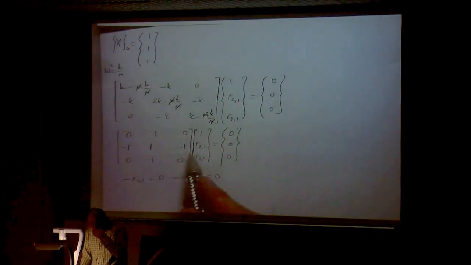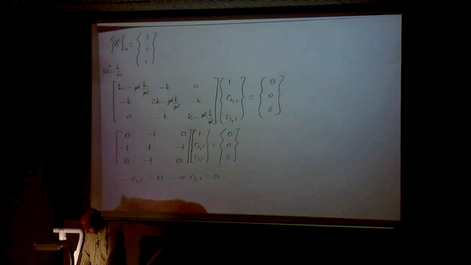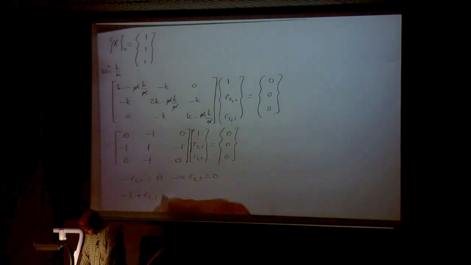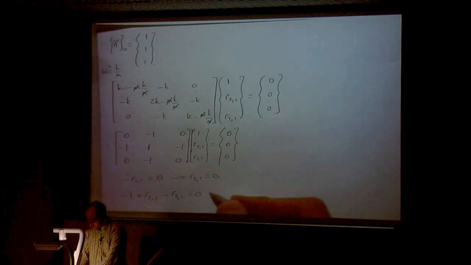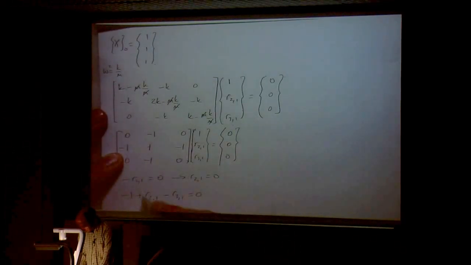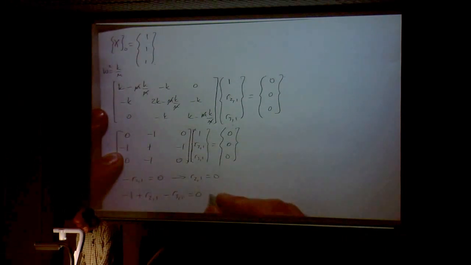Let's take the middle line. We've got minus 1 plus R21 minus R31 equals 0. Well, obviously we can stick in 0 in here, so we have minus 1 minus R31 equals 0.